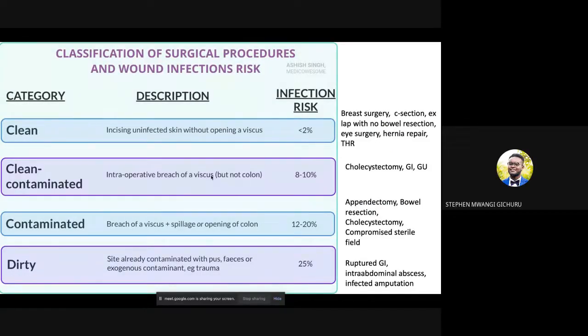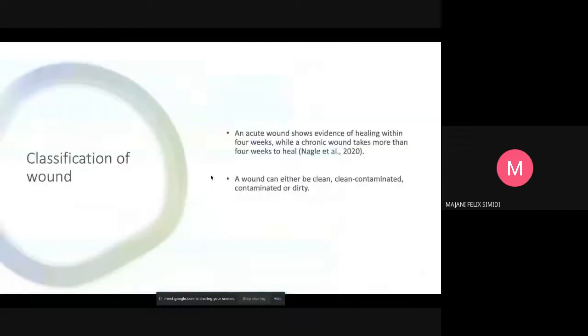For clean contaminated, they have no inflammation also, but there's penetration of the hollow viscus, but it's still sterile. These are like hernia repairs.